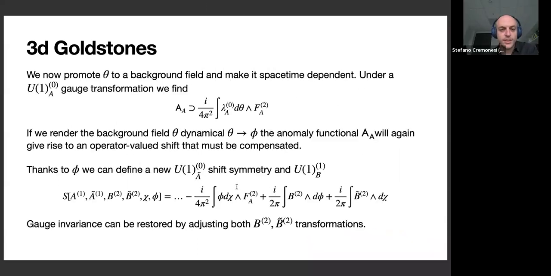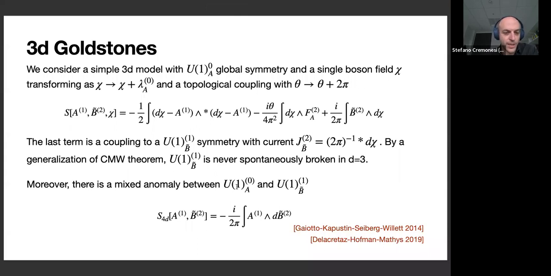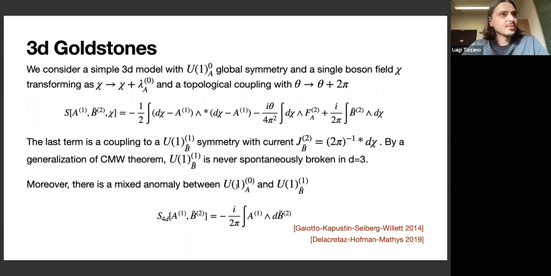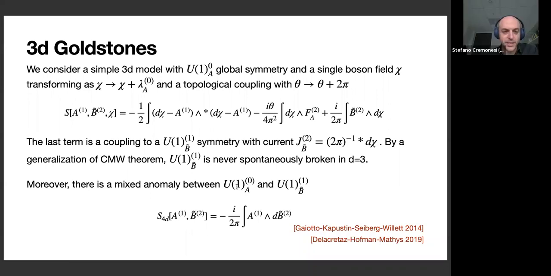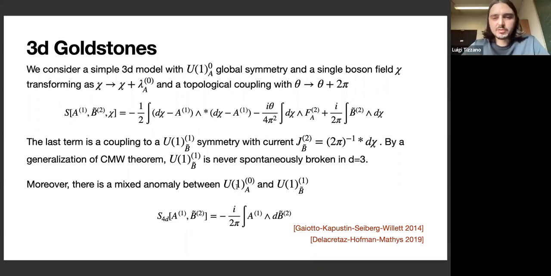Question. Yes. So you could dualize chi into a photon, and then the global symmetry would be the topological symmetry. Does this give any insight? Yeah. Well, or maybe does this theory appear? I have to think about that.